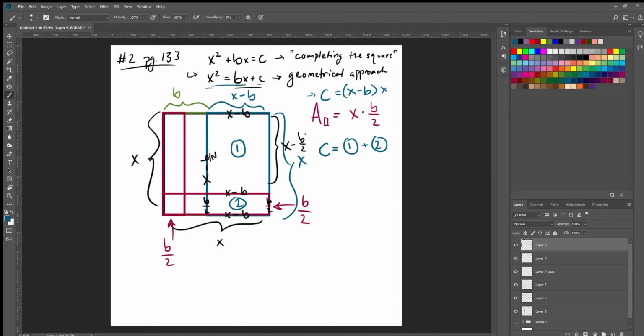Since we have all of those lengths annotated, we can say that region 1's area is defined as x minus b times x minus b over 2. And the second region's area is defined as x minus b times b over 2.